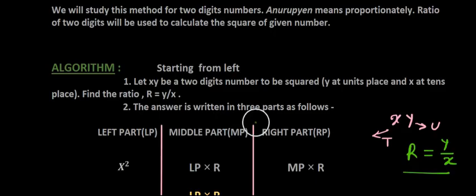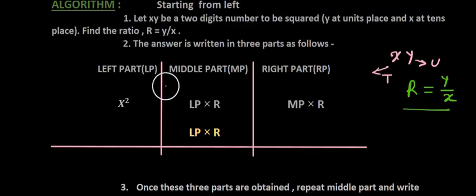What is the second step? The answer is written in 3 parts as follows. Which are those 3 parts? Left part, that is LP, middle part, that is MP, and right part, that is RP. What is the left part? The square of the digit which is at the tens place, the square of x, is written in the left part.